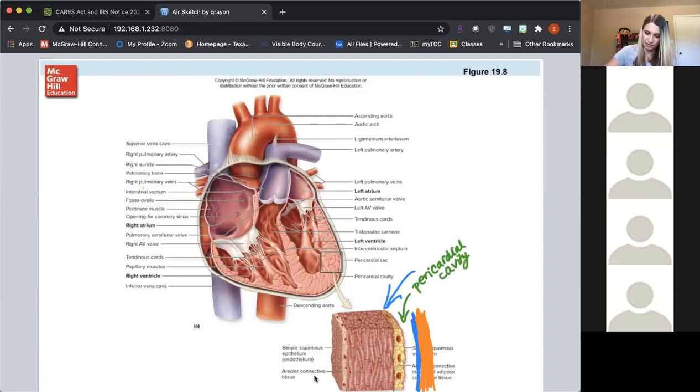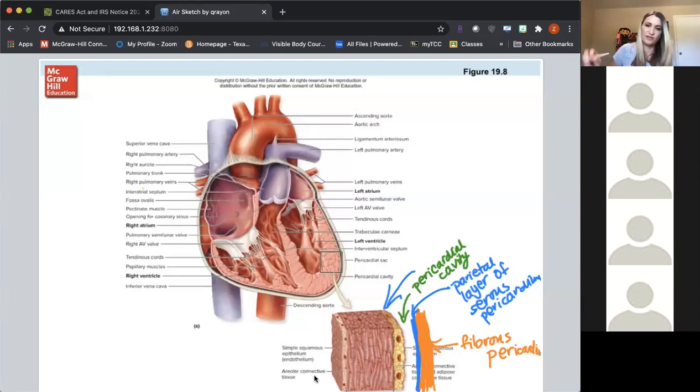The blue thing right here will be your parietal layer of serous pericardium. And this will be the fibrous. Okay, I didn't leave myself enough space, but that is your fibrous pericardium.